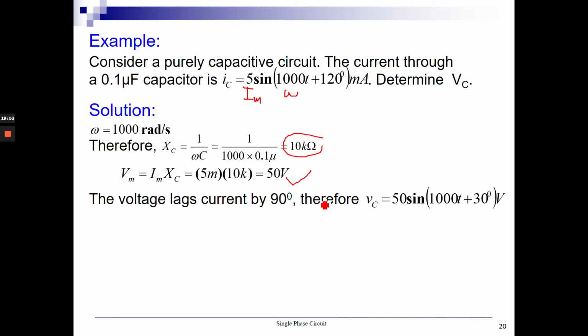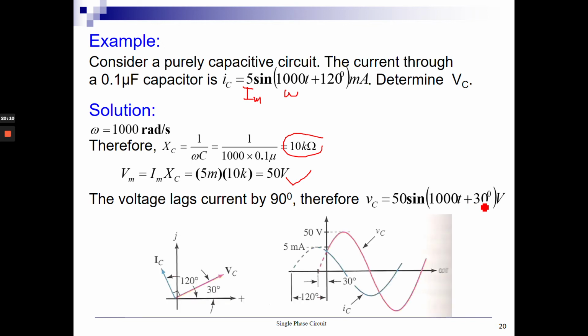So therefore, you just minus 90 degrees, because this one is in current, so you have to minus 90 degrees from minus 120. So you will get 30 degrees. So this is how you draw your phasor diagram and your waveform.